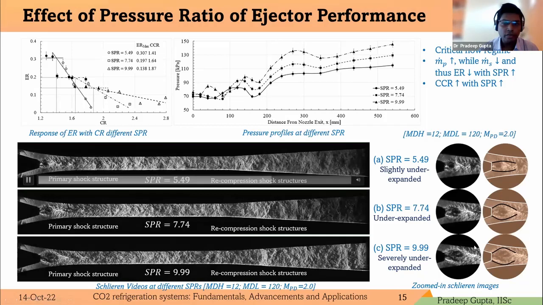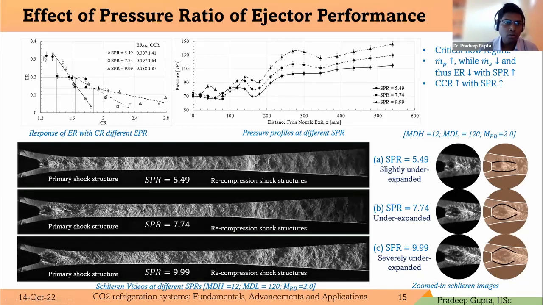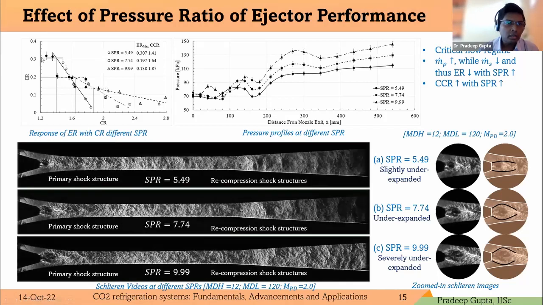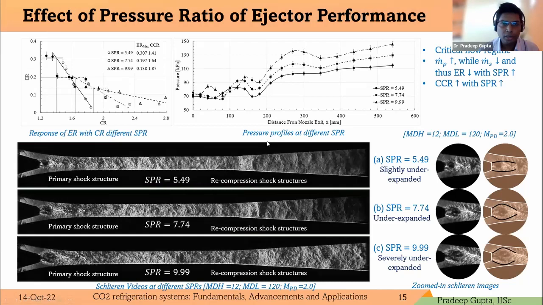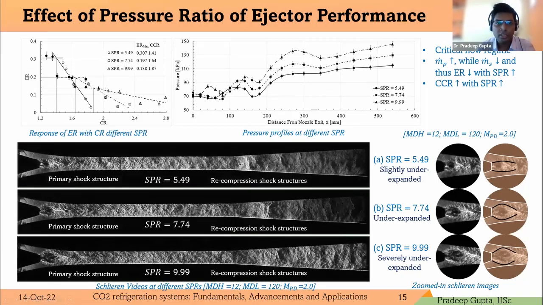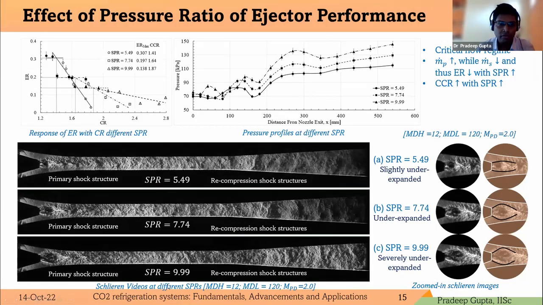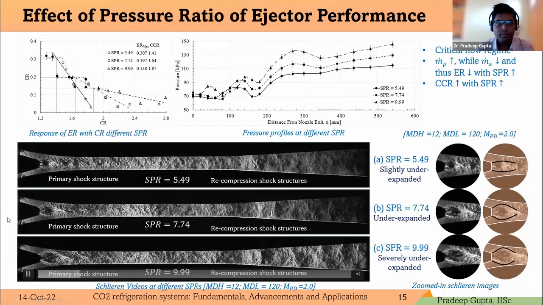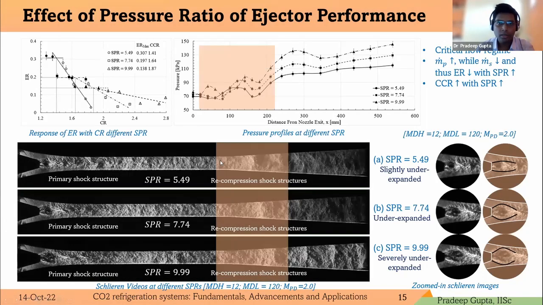The combined effect of the reduced secondary mass flow rate and the increased primary mass flow rate results in a detriment in the entrainment ratio as we increase the SPR value. In this pressure profile, we can see the two dips, which correspond to the critical mode operation of these ejectors at different SPR conditions. We can see the recompression shock and two dips in the pressure profile.